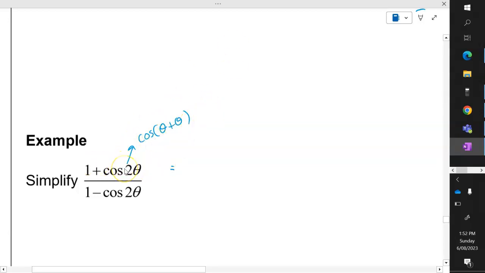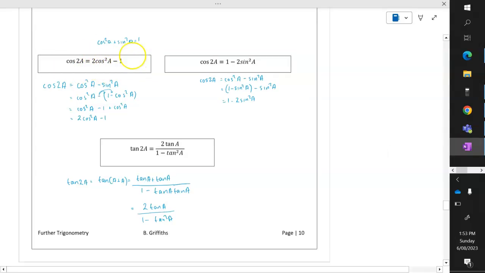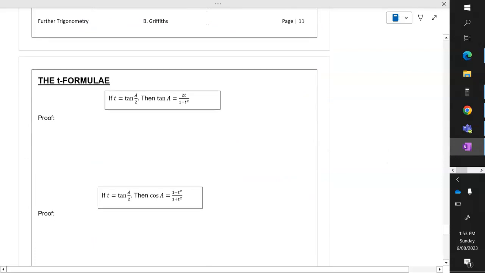So 1 plus 2 cos theta is equal to, actually, scroll back up and have a look up here. So it's not directly equal to this, but cos 2 theta is equal to 2 cos squared theta minus 1. So 1 plus cos 2 theta, I need to add 1 to both sides, is going to be equal to 2 cos squared theta. So there's a little bit of manipulation there.